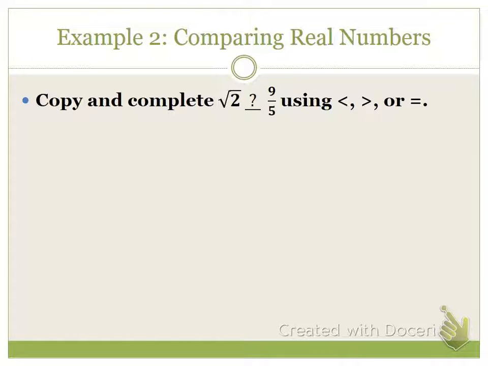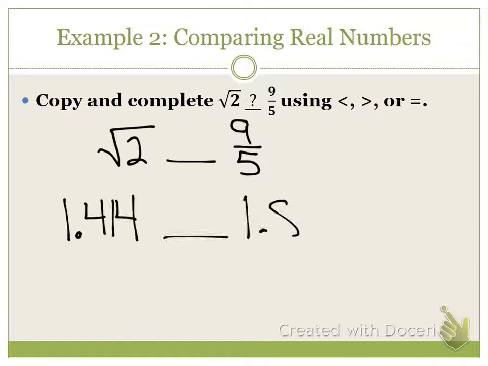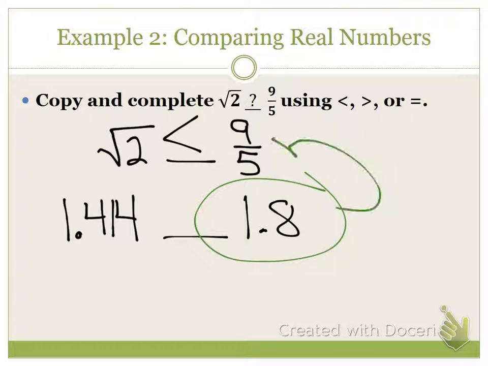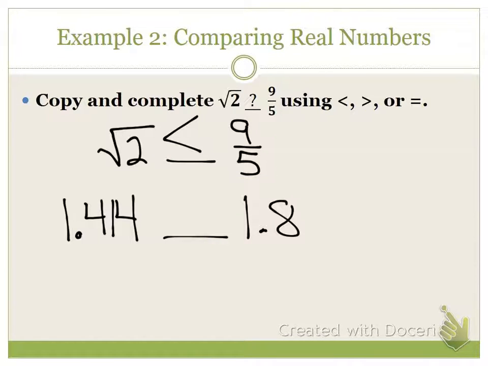Okay, so square root of 2 compared to 9 over 5, we change them to decimals. And now we can clearly see that 1.8 or 9/5 is bigger, so I draw a less than sign in my answer and box it in. So the square root of 2 is less than 9 over 5, and I can see that because I converted them to decimals and compared them.